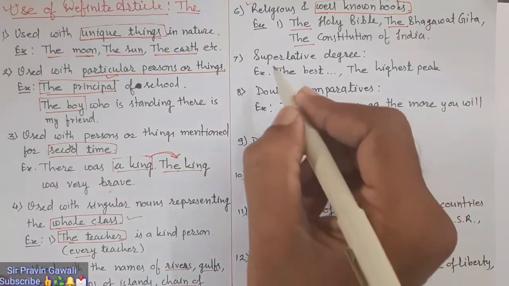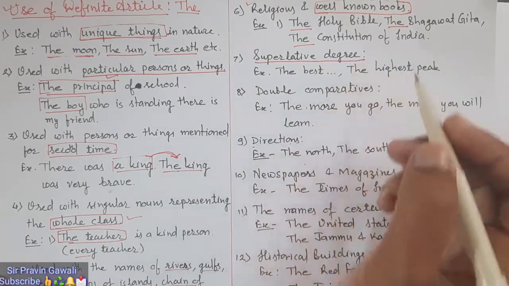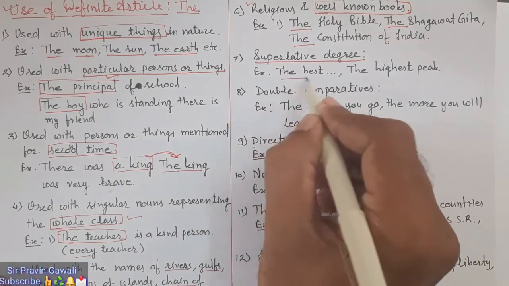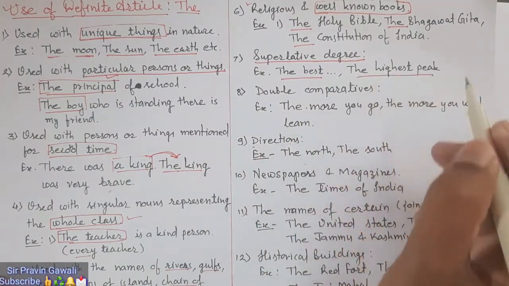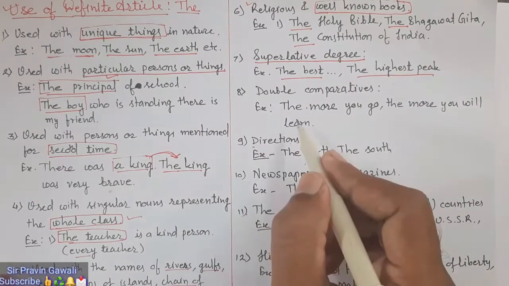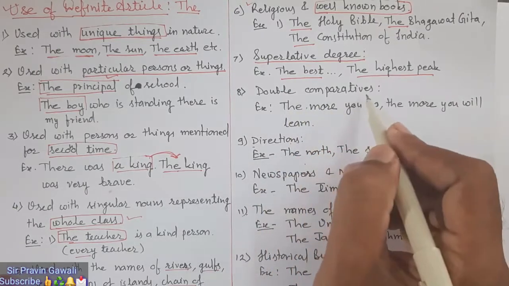Next one, when we use a superlative degree, that time we use the article with it. For example, the best, the highest peak. Okay students, the next one, when we use double comparatives.